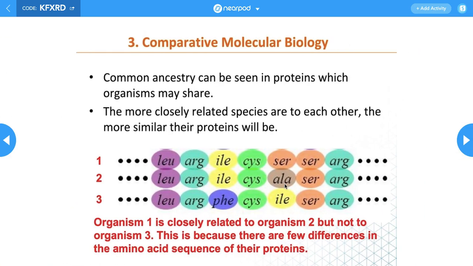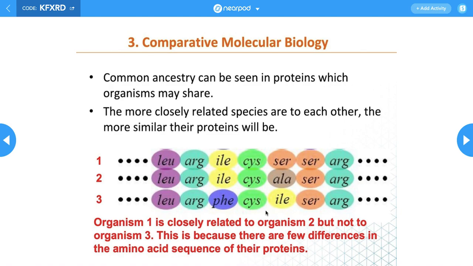But when we go here, if I wanted to study 3 different organisms, organism 1, 2, and 3, all I would need to do is take the same protein from each organism and study the difference between each organism's proteins. So let's say organism 1, this is its amino acid sequence, which makes its protein. Organism 2 looks like this, and organism 3 looks like this.